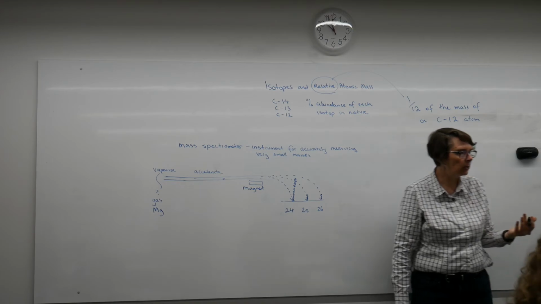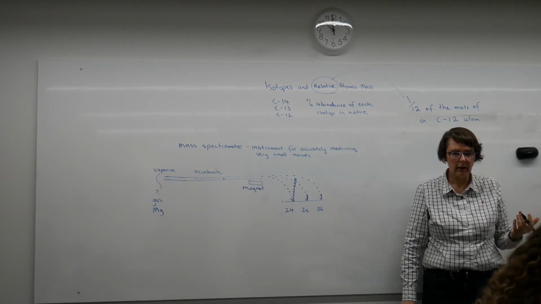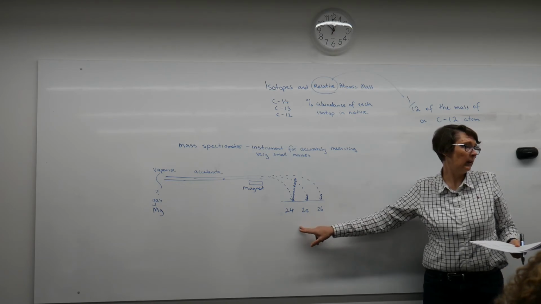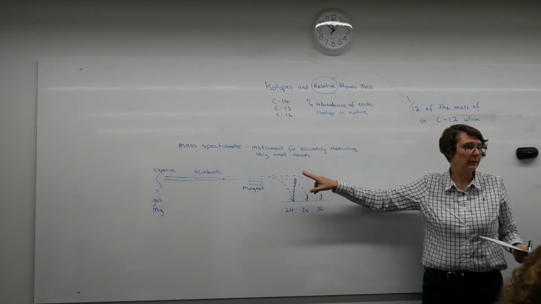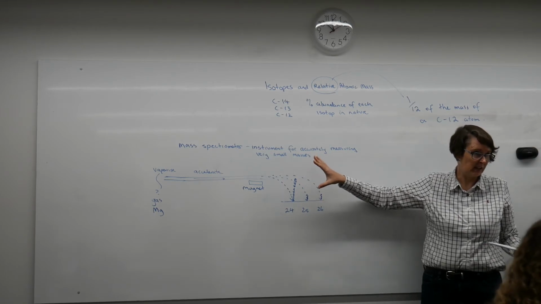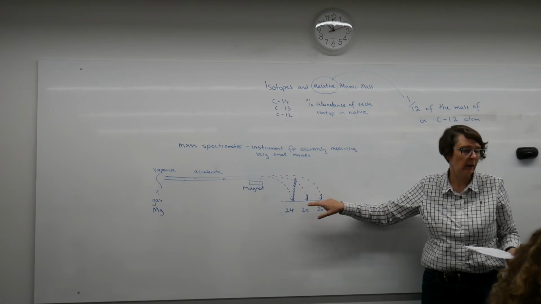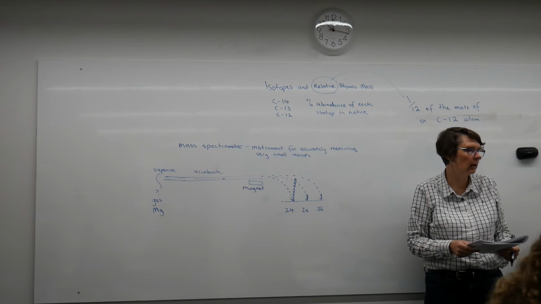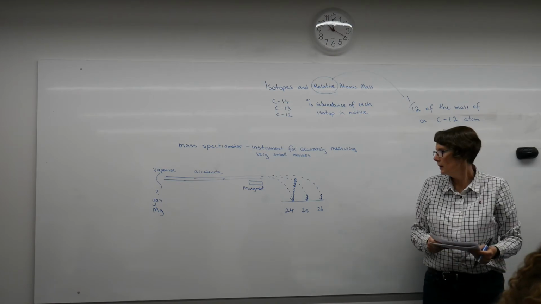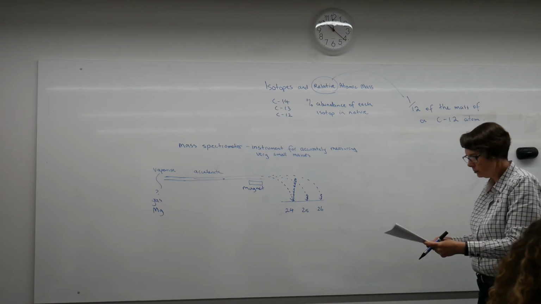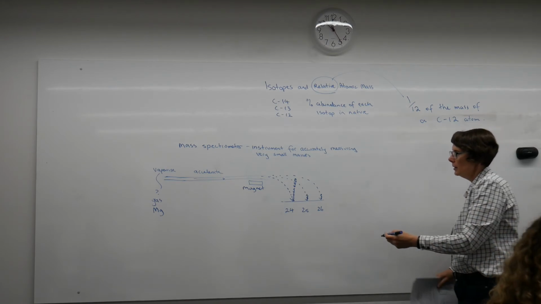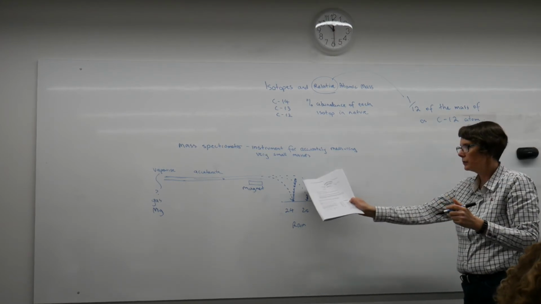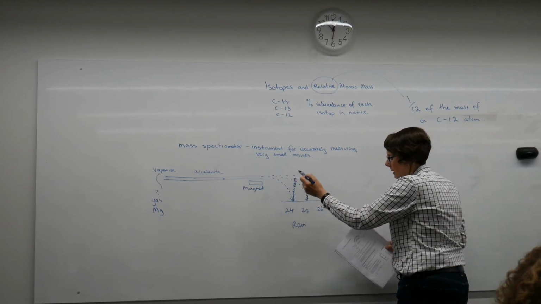So in this way, we can see which isotopes are present for that element, and also the relative abundance based on the percentage of strikes we have in each of these positions. Does that make sense? Or has anyone got any question about that? And then we can go on to then calculate the relative atomic mass by looking at the peaks here.